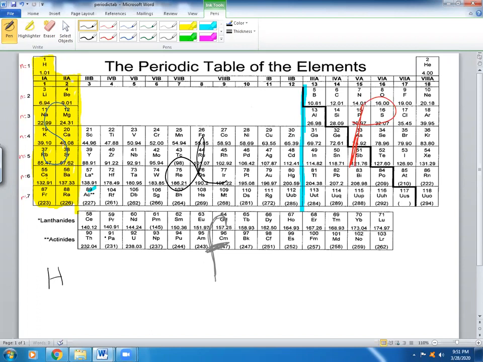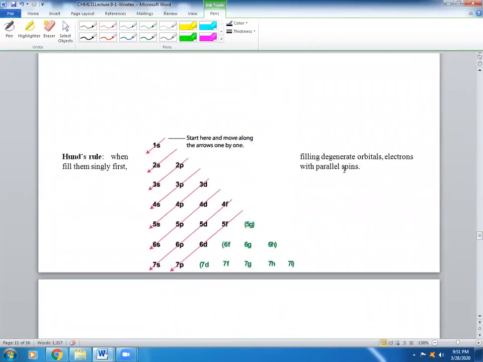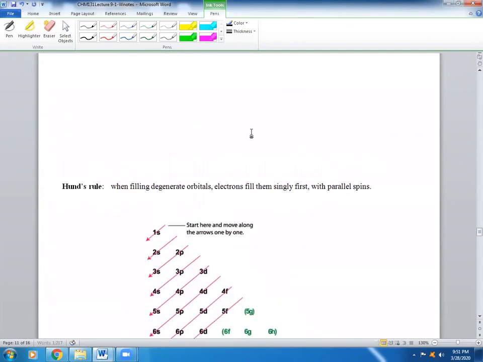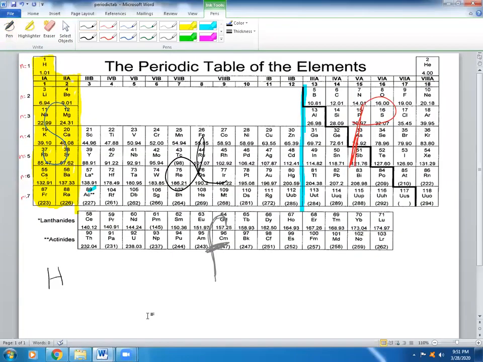I know I left enough space, so keep writing underneath this here. If you want to increase the space, that's fine. But I'm going to work here because I want to have the periodic table in front of me and show you. So if I have H, all I have to do is look right there.